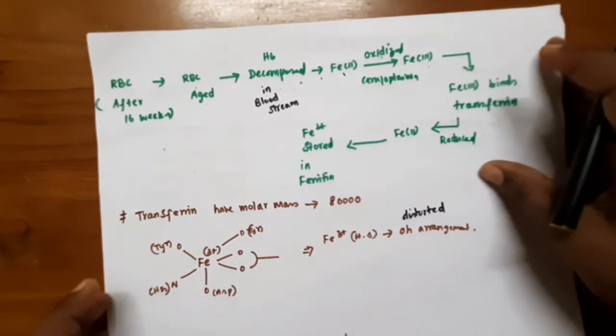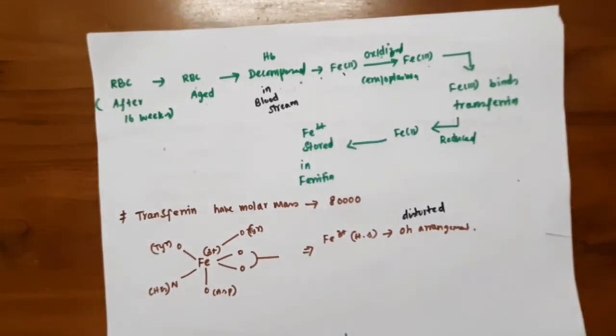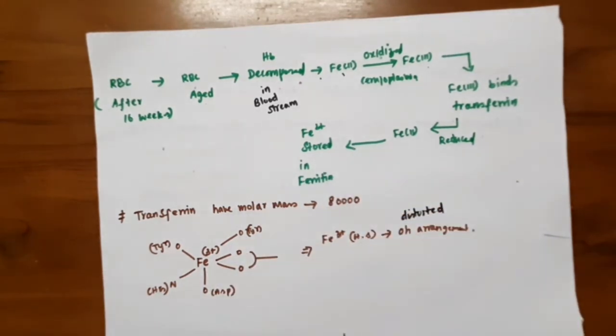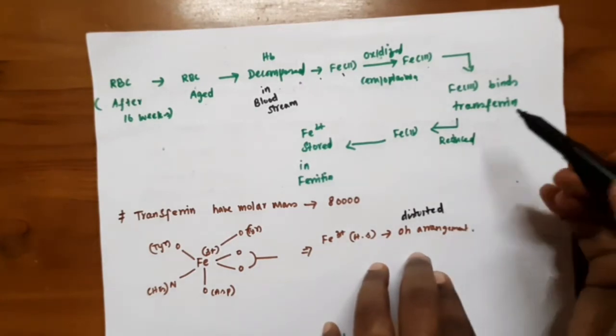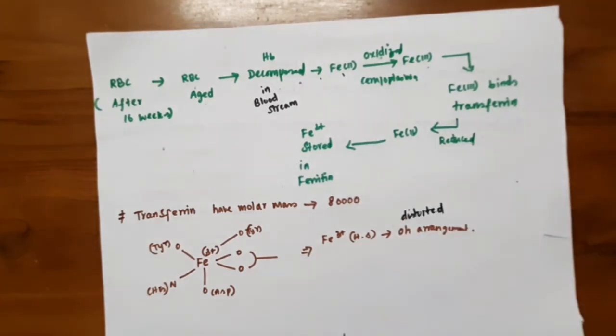The role of transferrin is mainly to transfer the Fe3+, and after binding to Fe3+ it converts it to Fe2+, and Fe2+ is stored in the ferritin. So it is transferring the iron to the ferritin protein.